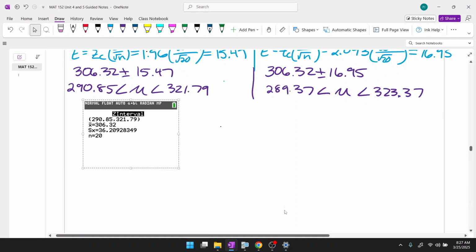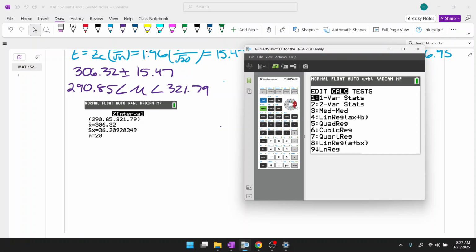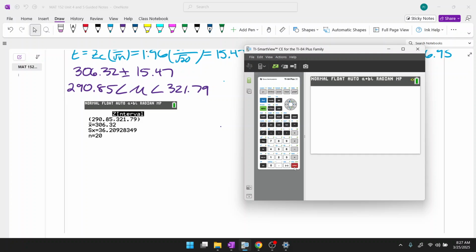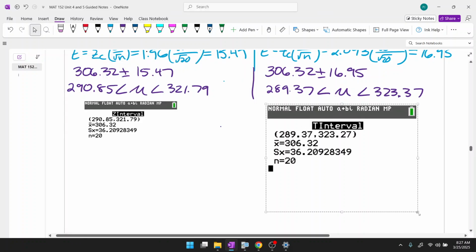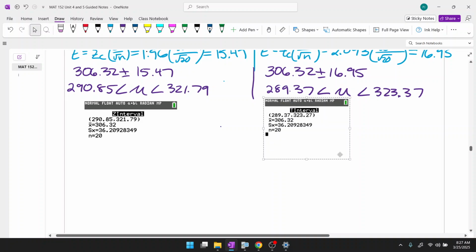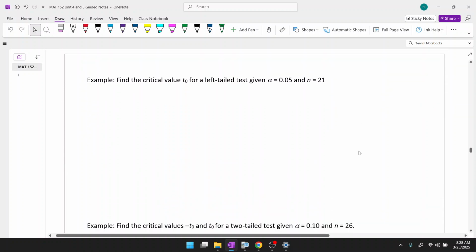Now, if you do the corresponding t interval with data, if you chose stats, you would have to enter everything by hand, but it's just as well to use your data, and you would get what you see right here. So, not a bad deal.